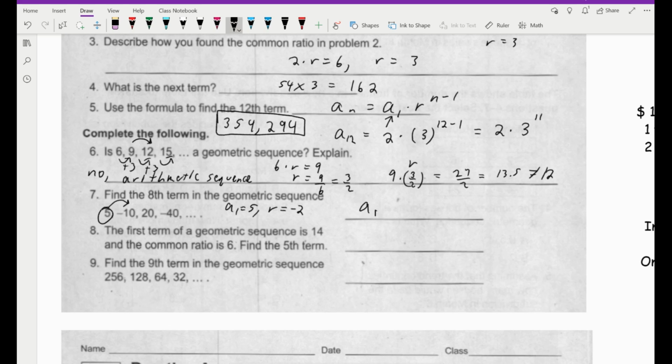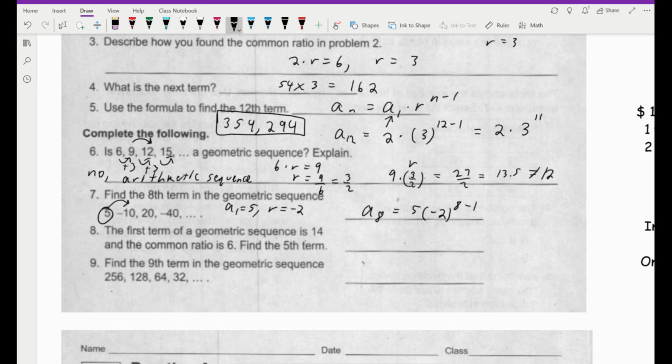So we're going to write the 8th term will be equal to the first term, which is 5, times a common ratio of -2, and we're trying to find the 8th term. So it's going to be n minus 1, which is 8 minus 1.